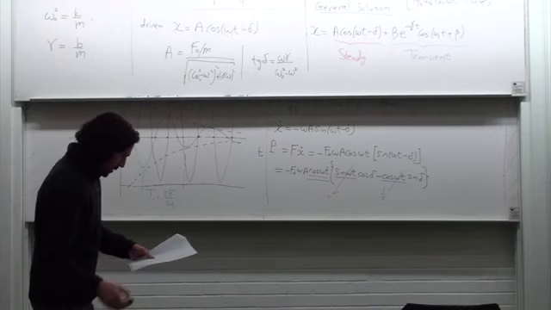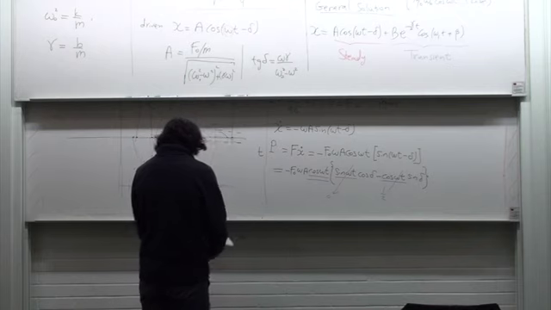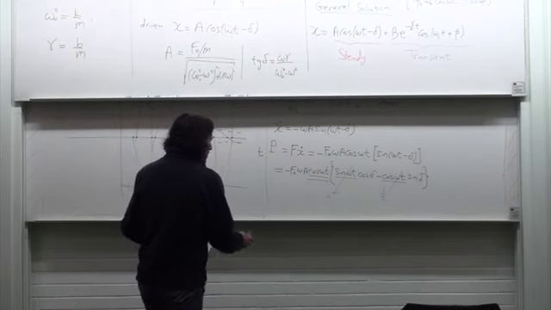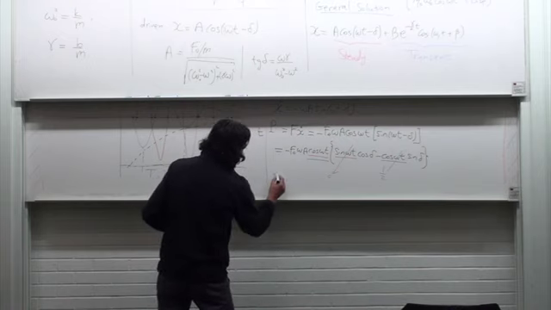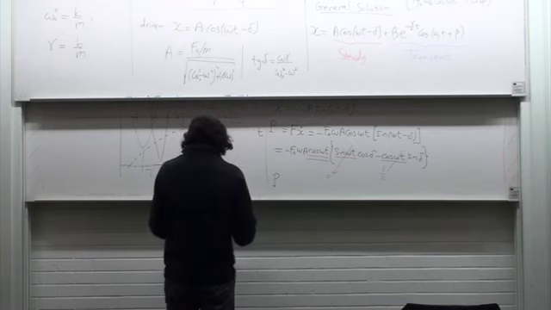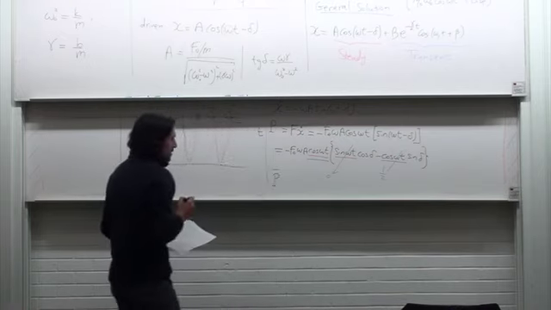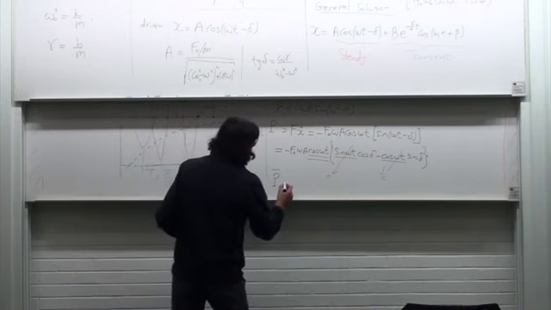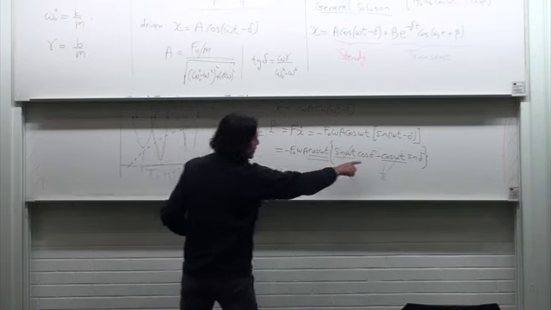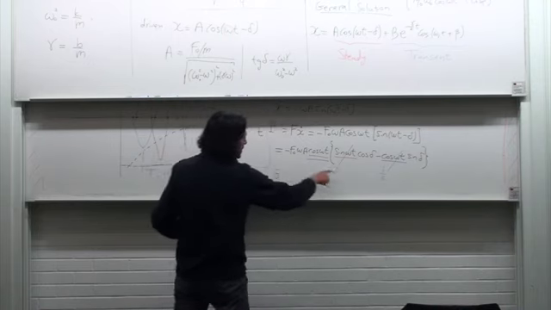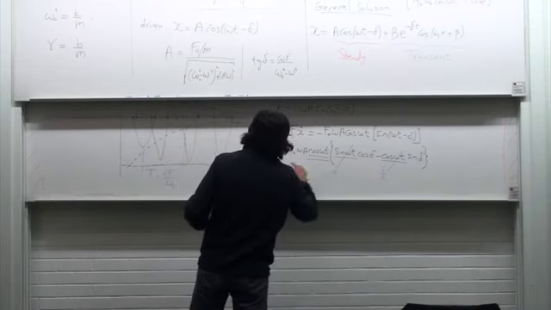Okay, so now if we put things together, we can write here P average, if you want. This is our average. That would be now, it's a minus, with a minus there would be a plus. There's a factor 1/2 here.